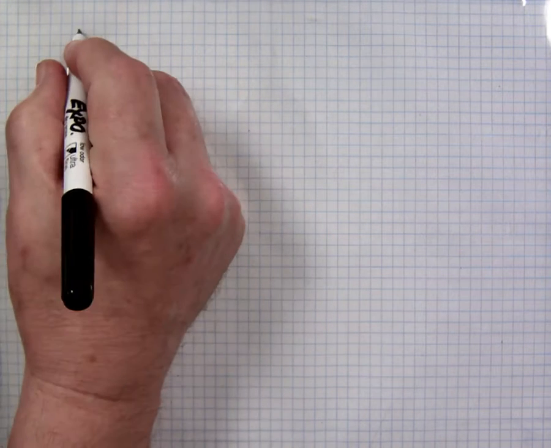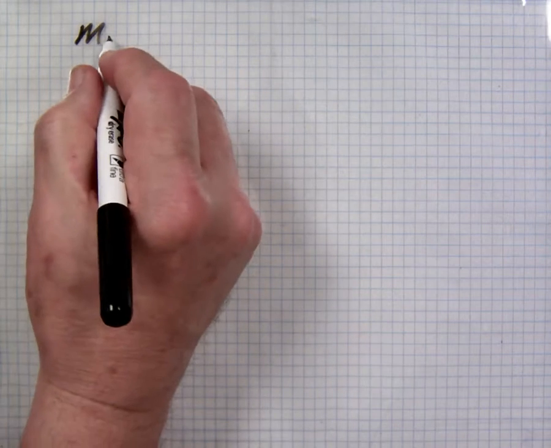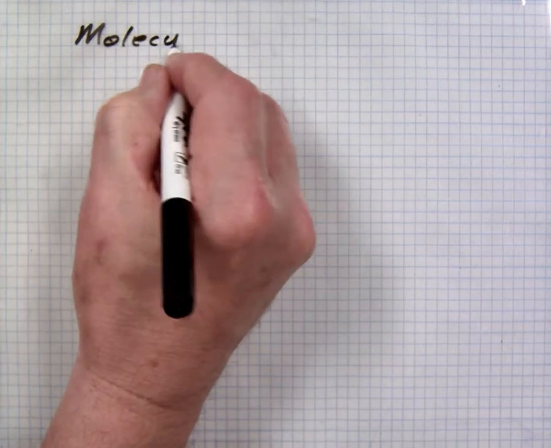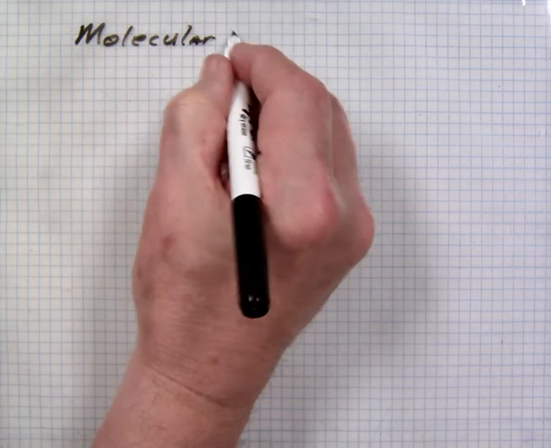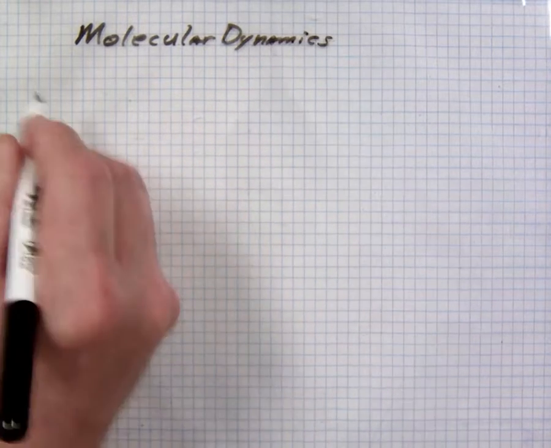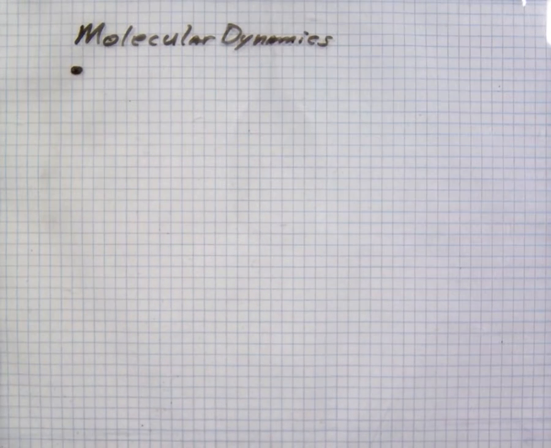Okay, molecular geometry is one of the items I put under the heading of molecular dynamics. And in the general idea of molecular dynamics, what's the purpose of the concept?